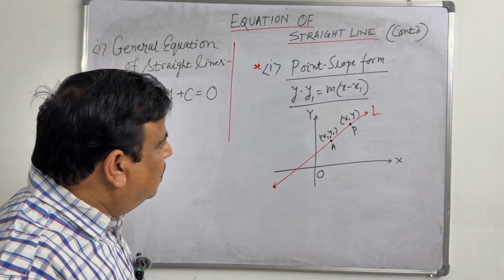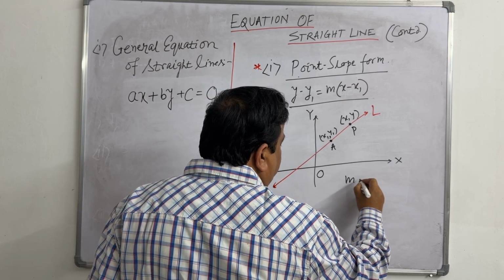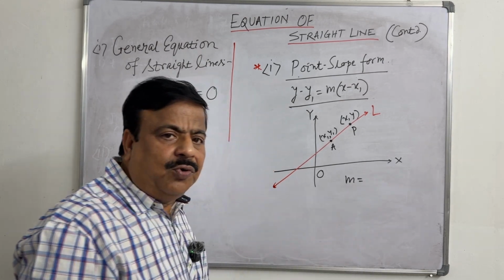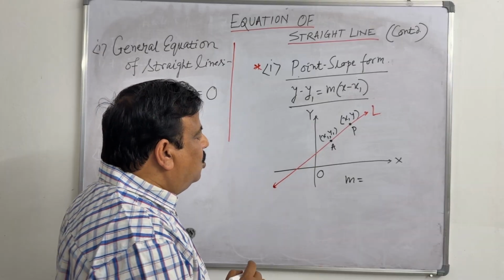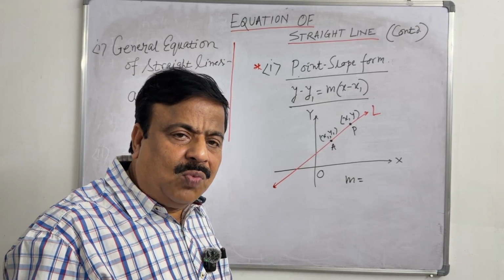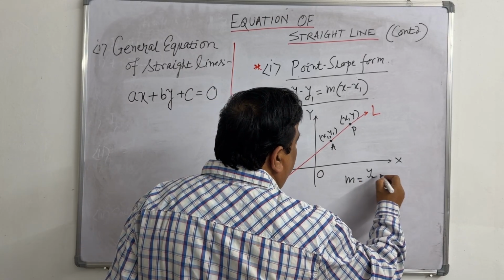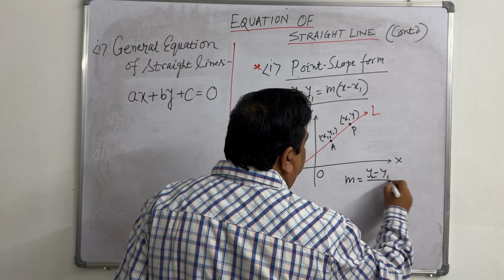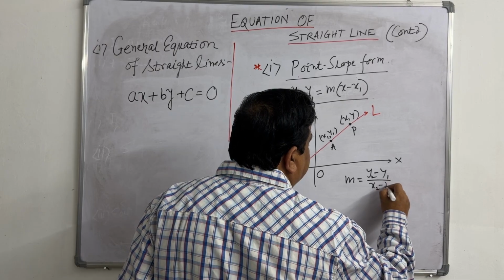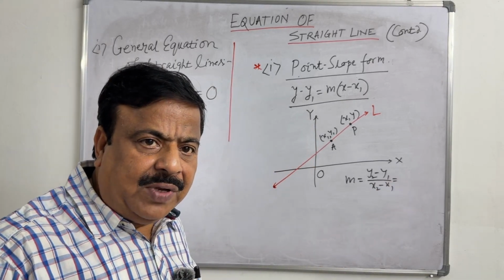Okay, so what is the slope? First we have to know what is the slope. So you have already learned the formula of slope, which is y2 minus y1 by x2 minus x1, if 2 points are given as x1 y1 and x2 y2.